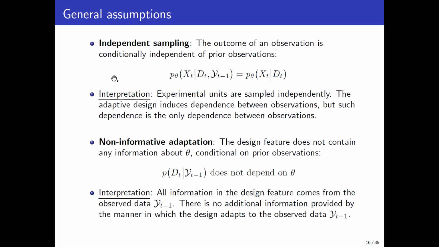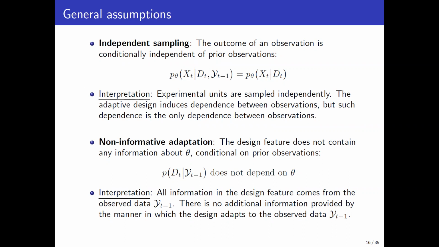Essentially, the only information that comes from the process history, the observations that occurred before the particular observation we're discussing, is contained within the design feature. There's no additional information contained within that process history. It's conditionally independent, essentially.